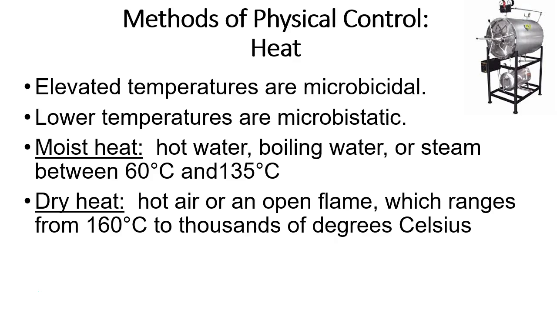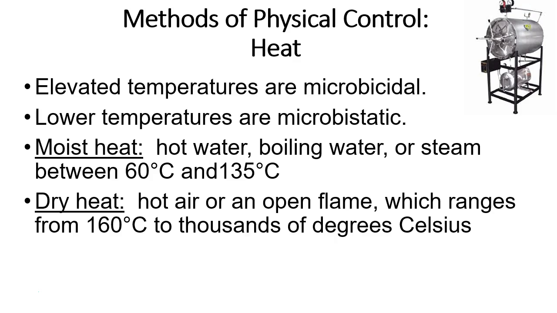So methods of physical control of heat, you have moist heat and dry heat. If you have an elevated temperature, you are going to be microbiocidal, which means you're going to be killing your microorganisms. If you have a lower temperature, you're going to be microbiostatic, which means you are just preventing it from reproducing. Moist heat is hot water, boiling water, steam.